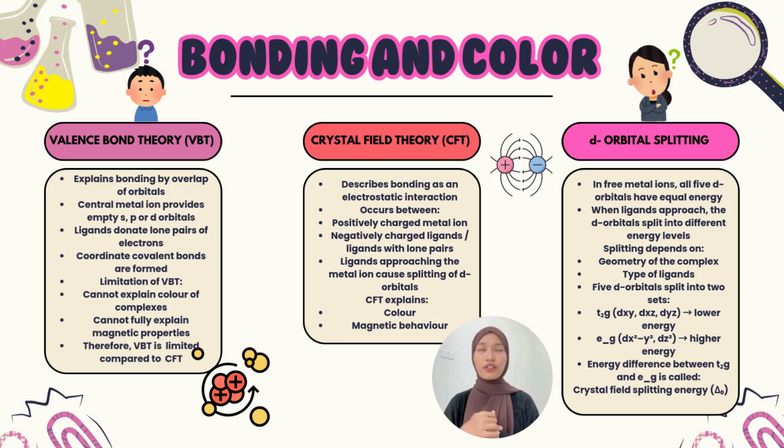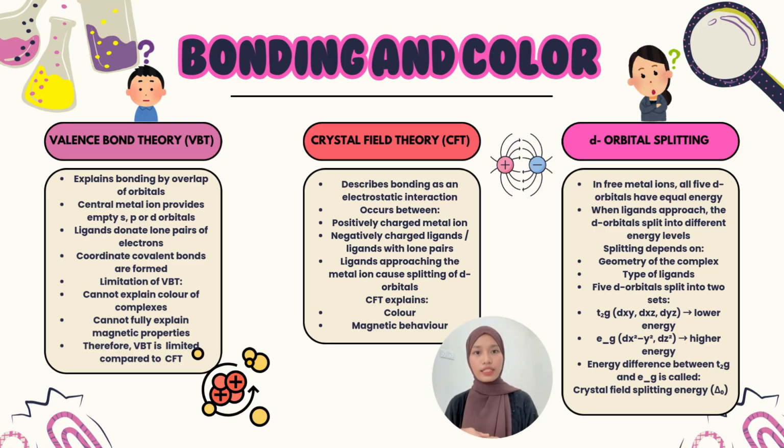In an octahedral complex, the 5 d orbitals split into two sets, where the t2g orbitals have lower energy while the eg orbitals have higher energy. The energy difference between these two sets is known as the crystal field splitting energy.